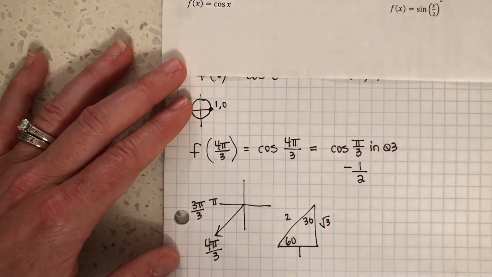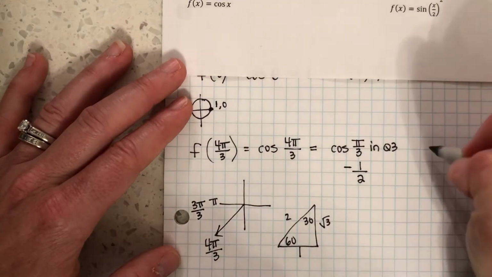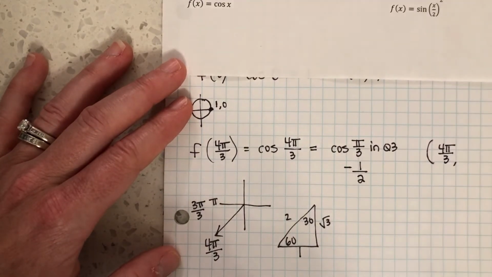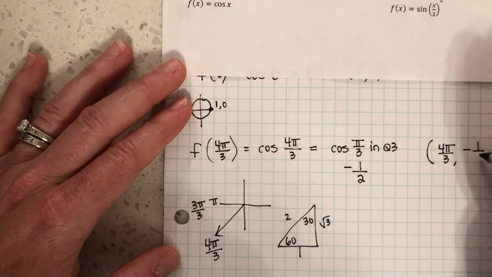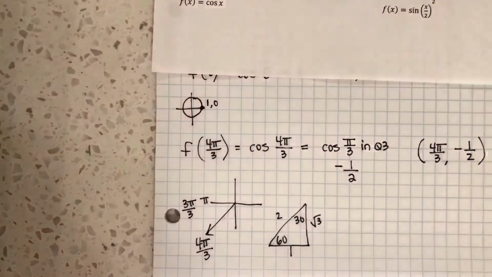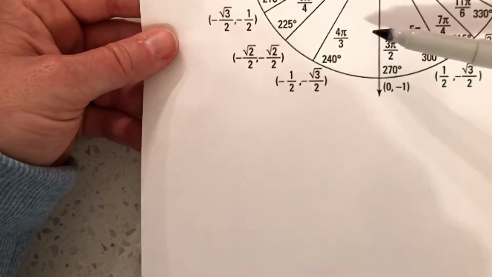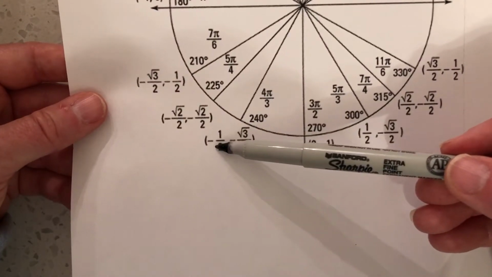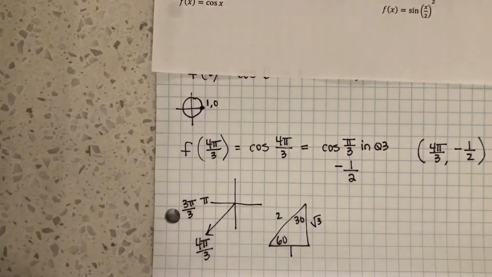So that's negative 1/2. So that means when 4 pi over 3 went in, a ratio of negative 1/2 came out. Now again, I know I made you go through that, but you could also have looked on your unit circle. The cosine at 4 pi over 3, what is the x-coordinate at 4 pi over 3? It's negative 1/2. The answer is negative 1/2.